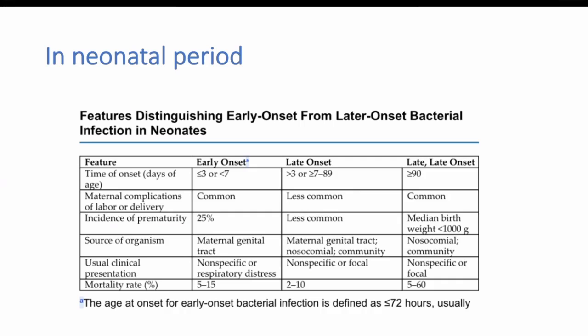So early onset is defined as within 72 hours of life. What is the most common organism of early onset neonatal sepsis usually? Rubella? No, rubella causes what?